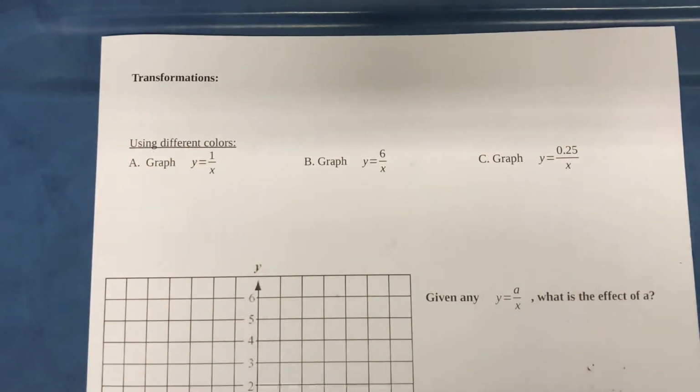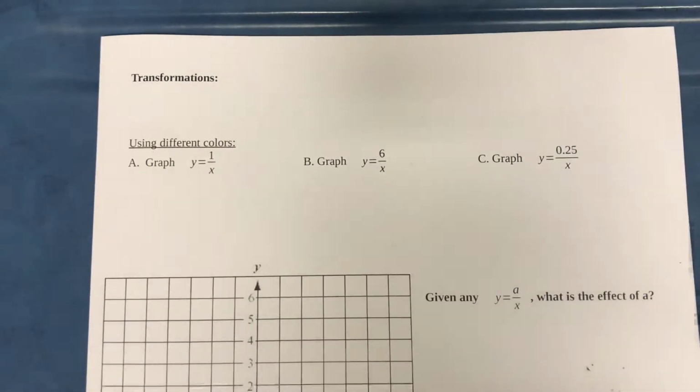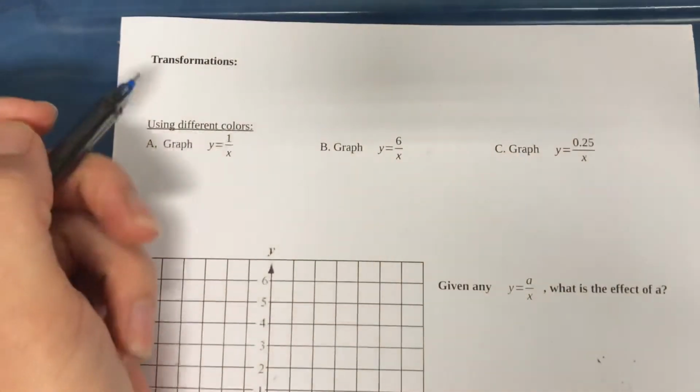Transformation time. For every single function, we talk about transformations, if you haven't noticed. But hopefully by now you get the gist of them, because in graphing, that's really what we use. It's much easier than trying to plug in points because you're not sure where the main stuff goes and how much something is stretched or compressed. That's why using transformations is nice.